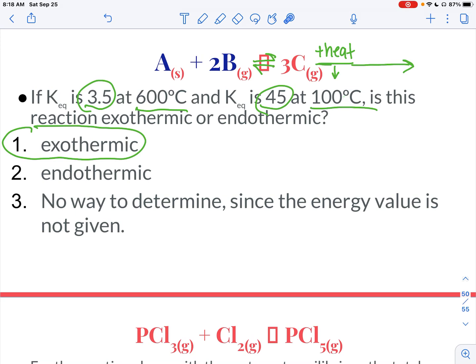It went from 600 degrees Celsius to 100 degrees Celsius. In order for us to favor the products when the temperature goes down, heat needs to be seen as a product. That's what would make the reaction shift that way. If heat is a product, that is exothermic.